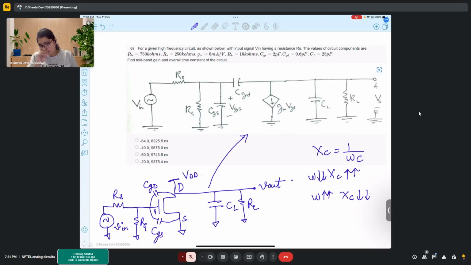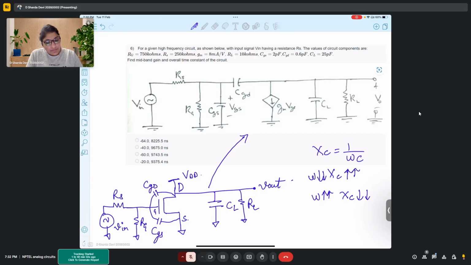Whichever has the smaller value is directly replicated in the results when you have parallel behavior. That's why when you consider high frequency analysis, analyzing all the capacitors in the circuit is very important. So this is a high frequency equivalent circuit with all the capacitors being introduced.